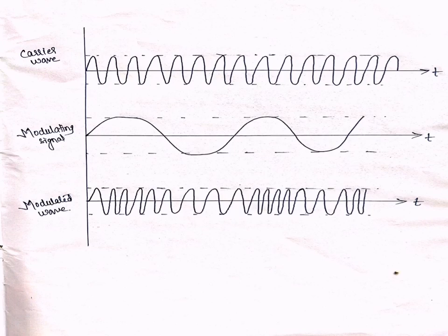Now, in case of negative half cycle of your modulating signal, the frequency of the carrier wave is decreasing. Again, during positive, your frequency of the carrier wave is increasing. During negative cycles, the frequency of the carrier wave is decreasing. That is actually your modulated wave. The frequency of the carrier wave is varying.